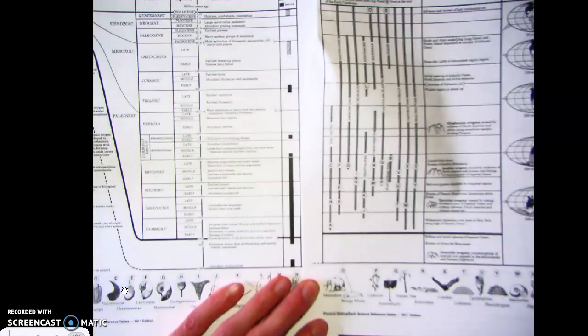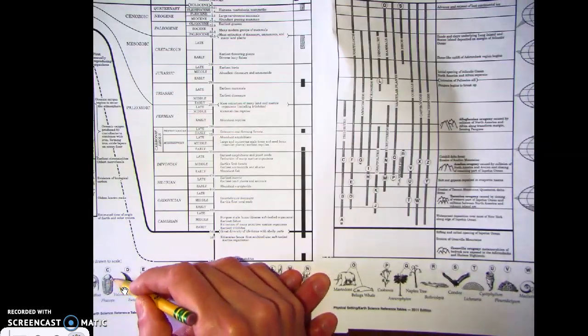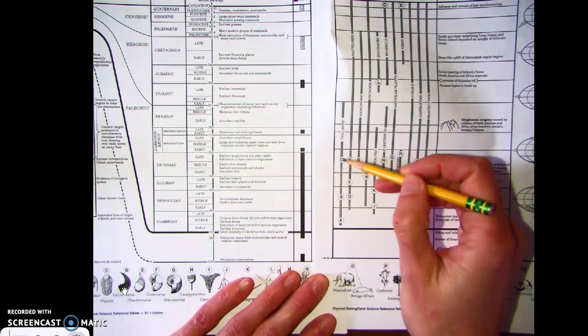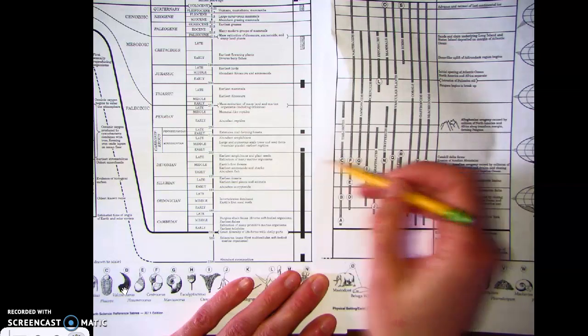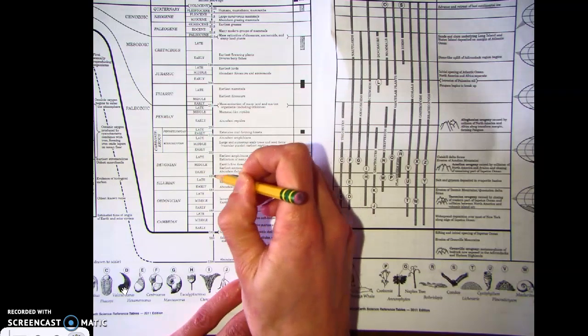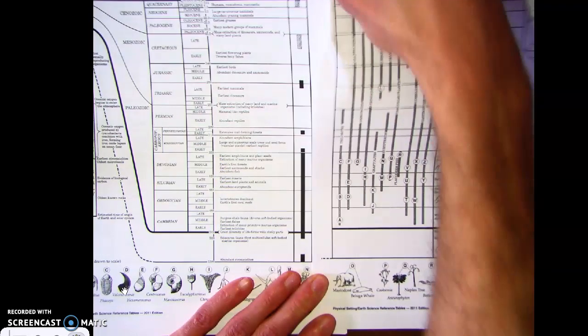and we can see these bars with letters. So this particular trilobite has a letter C, and if we find letter C here, letter C is over here, if I follow that across, it matches with Devonian, which would go from 416 to 359 million years ago.